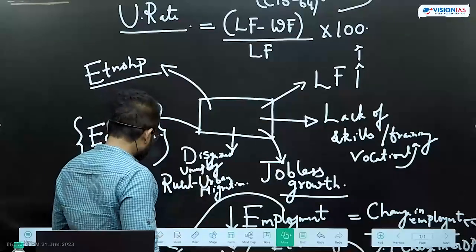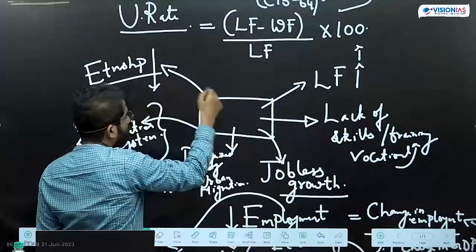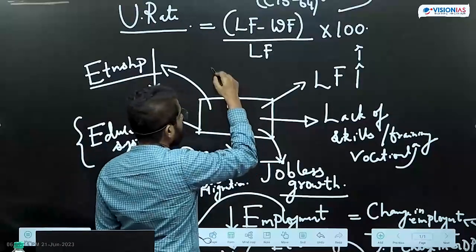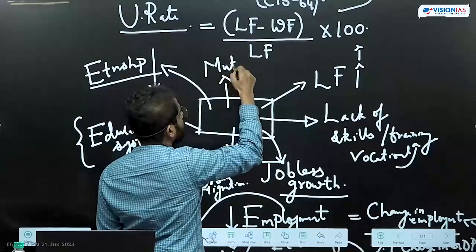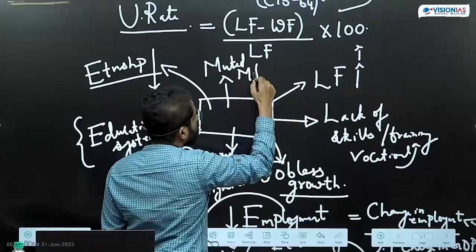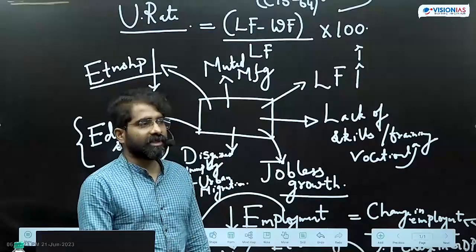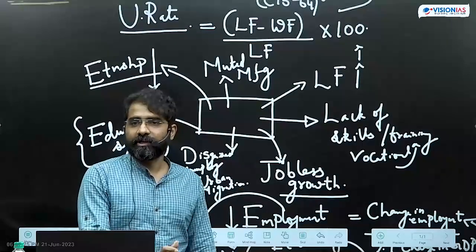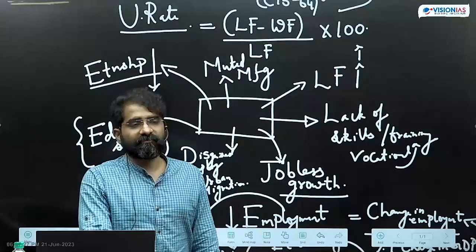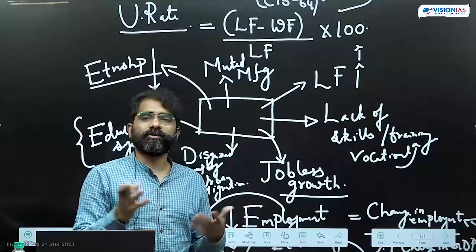Okay. Now comes the challenges which you are talking about. For example, muted manufacturing. This is one challenge. Muted manufacturing means if I have to observe last 15-20 years, the contribution of manufacturing to GDP is around 14 to 16% only.